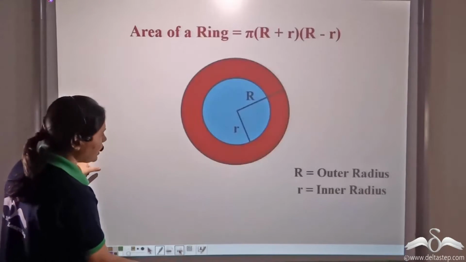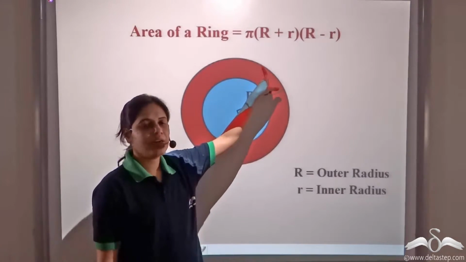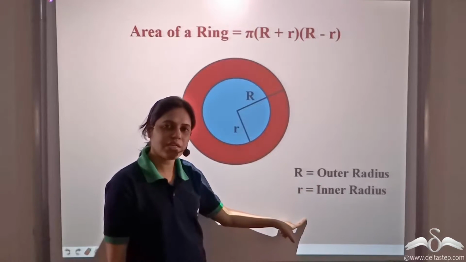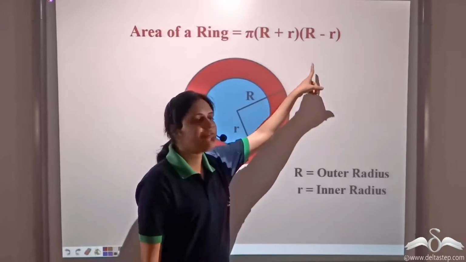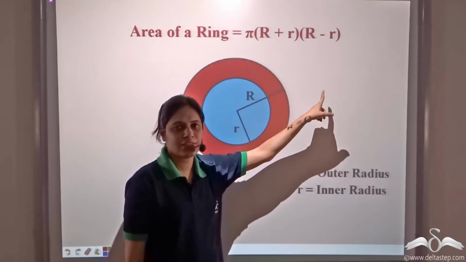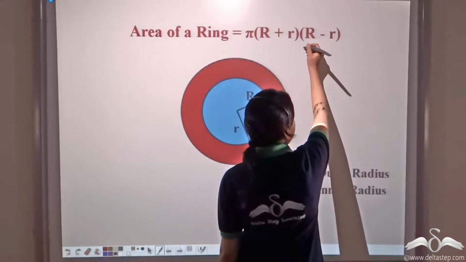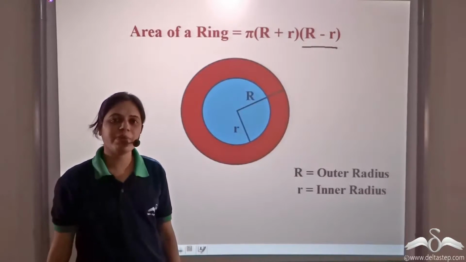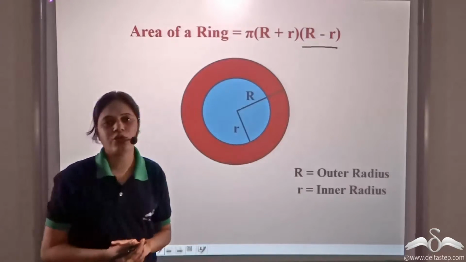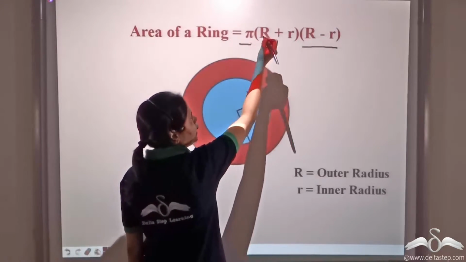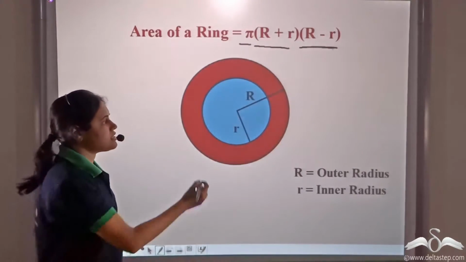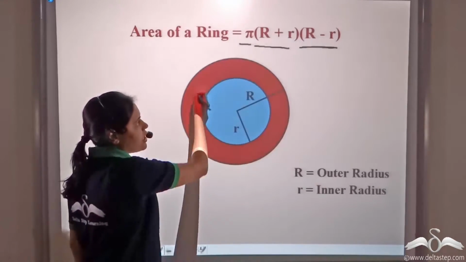So the area of a ring is given by pi into the sum of the two radii, that is outer radius plus inner radius, and the difference of the two radii, so outer radius minus inner radius. Remember, we need to subtract the smaller radius from the bigger radius, that is, we need to subtract the inner radius from the outer radius. So pi into sum of the radii into difference of the radii. This is the area of the ring, that is this red region.